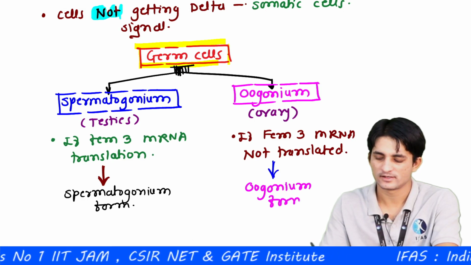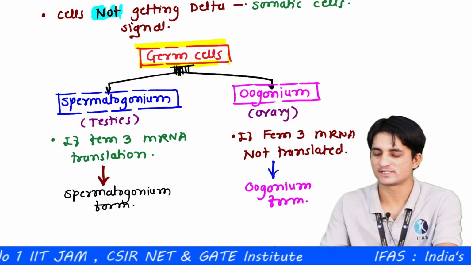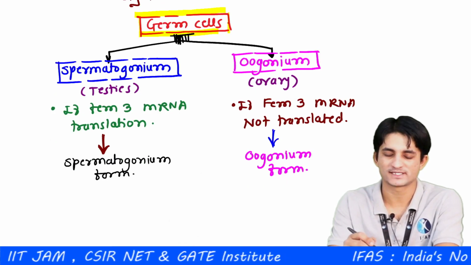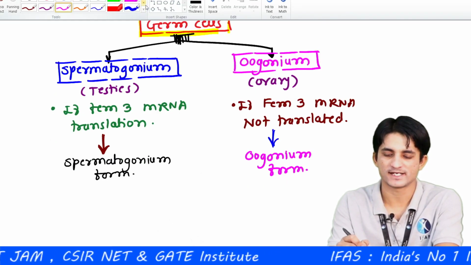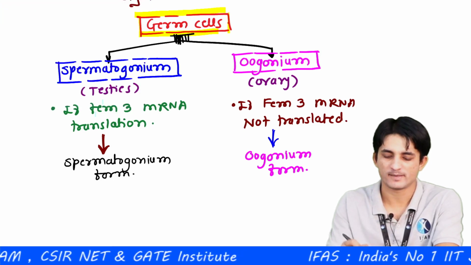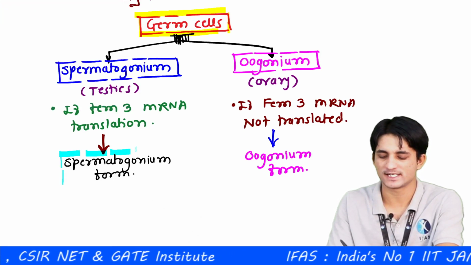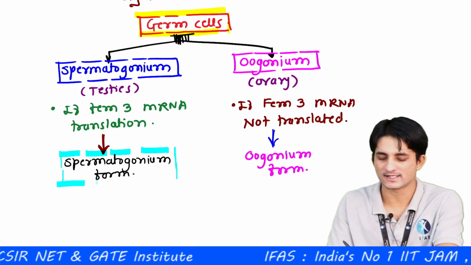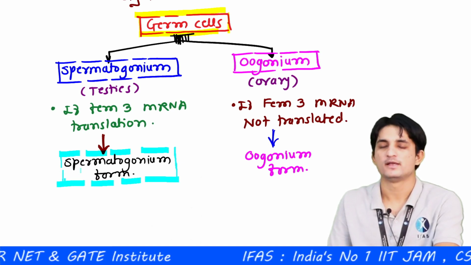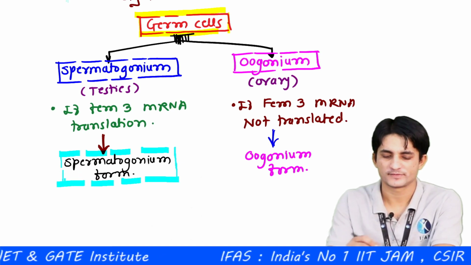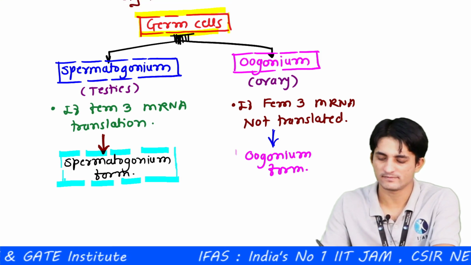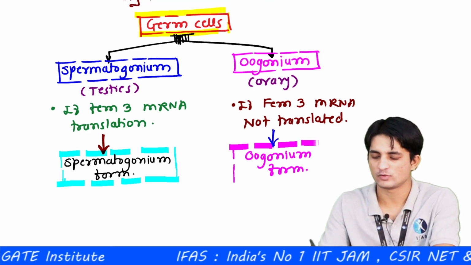So either spermatogonium is formed or the oogonium is formed, that is decided on the basis of the FEM3 message. So the FEM3 gene is regulated at the translational level, and therefore if it is translated then spermatogonium is formed, and if it is not translated then oogonium is formed.